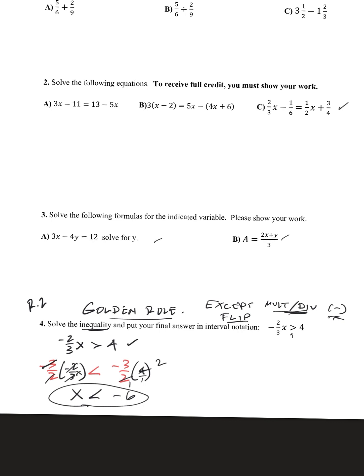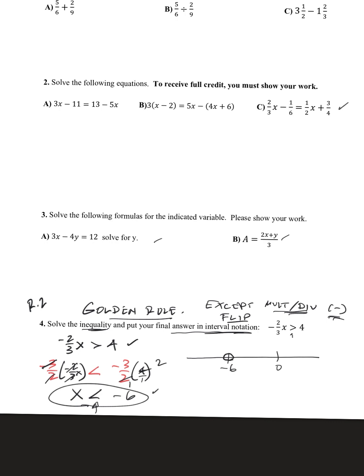But I want you to go deeper and write your final answer in interval notation. So to see the interval, perhaps what's best to do is to actually graph this solution set. So let's go to our number line. Somewhere on this number line is 0. Somewhere on this number line is negative 6. And because our inequality right here is a strict one, that means we actually have an open circle at negative 6.